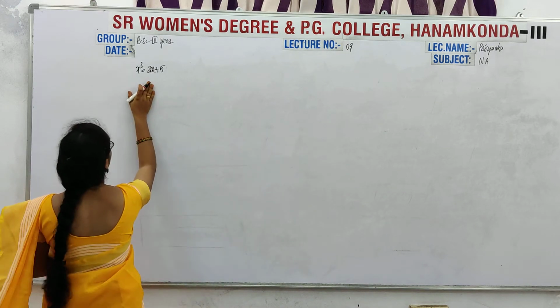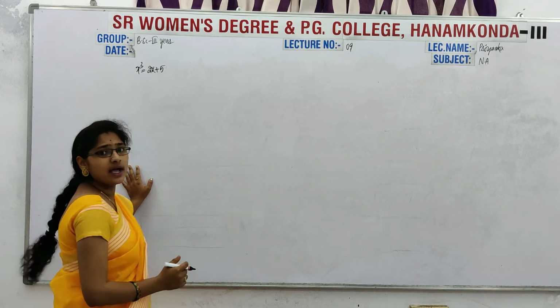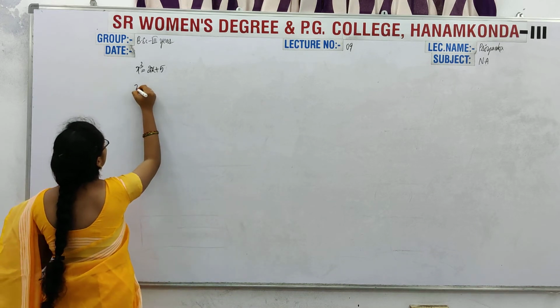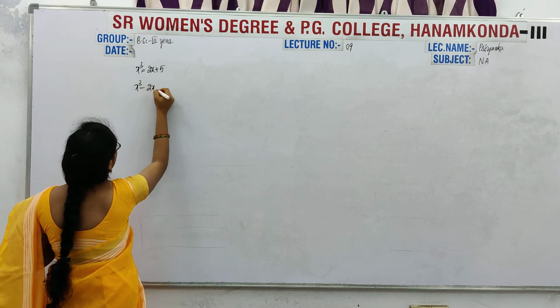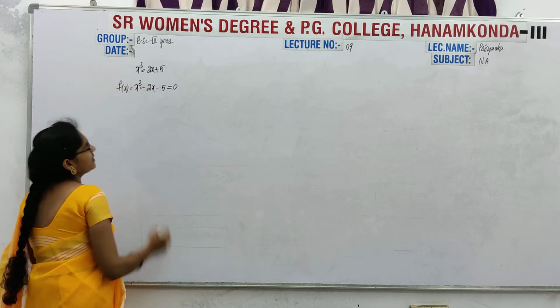Actually here what they gave us, the function is x cube equal to 2x plus 5. In another way we can write that x cube minus 2x minus 5 is equal to 0. This is nothing but f of x.